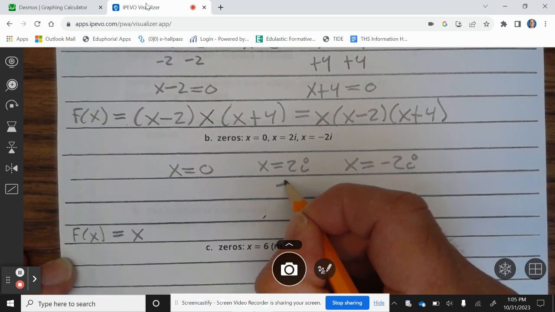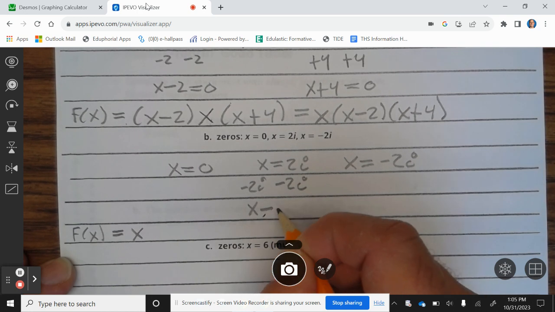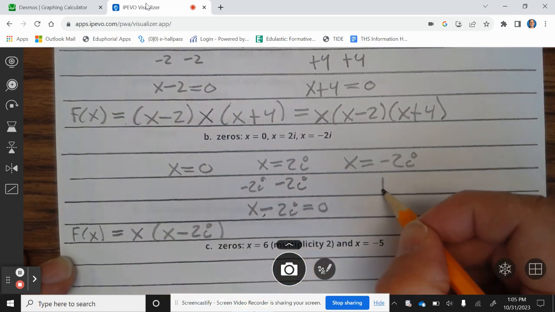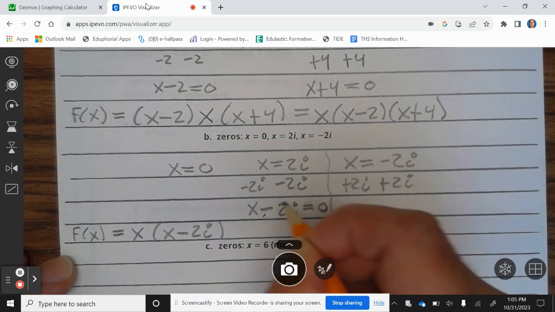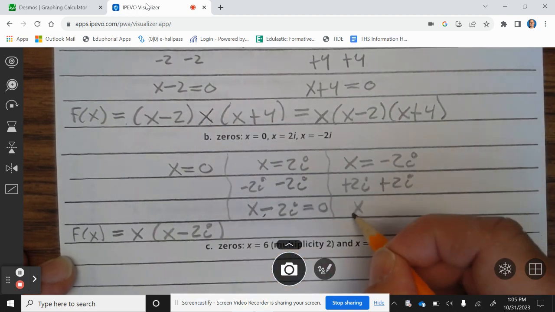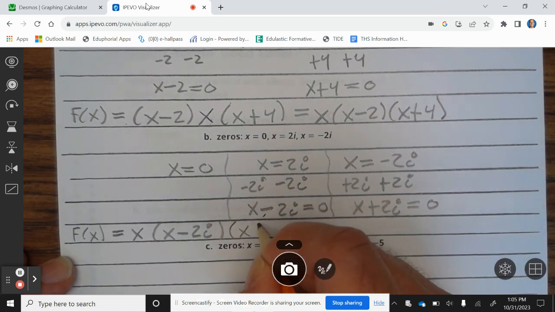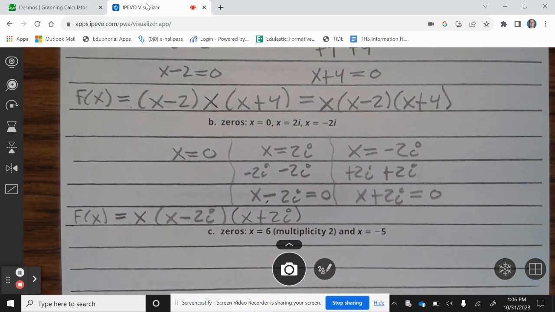Here we subtract 2i from both sides. We get x minus 2i equals 0. And here we add 2i to both sides. You get x plus 2i equals 0. All right, go ahead and finish up 5b.